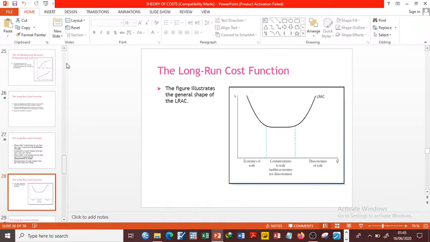And then the flat section of this curve explains the constant returns to scale, and then the upward sloping section of the long run average cost curve explains the diseconomies of scale, or decreasing returns to scale.